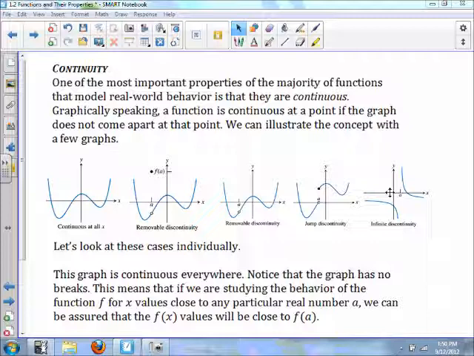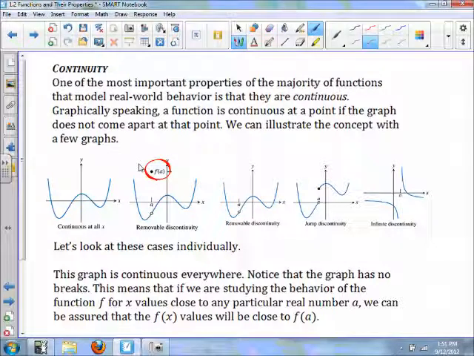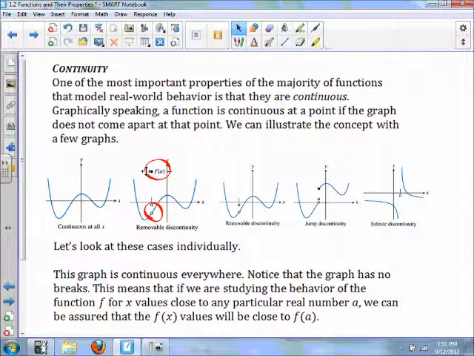The one on the left here is continuous at all x. That means when you graph it, you do not have to lift up your pencil to draw it. Now, if you look at the second one, removable discontinuity, there's a hole in the graph. In this case, we'll have f of a above where it would be on the graph.